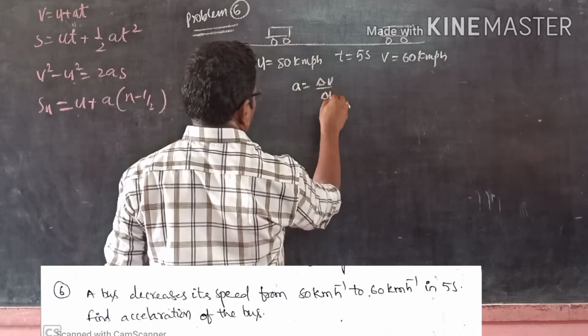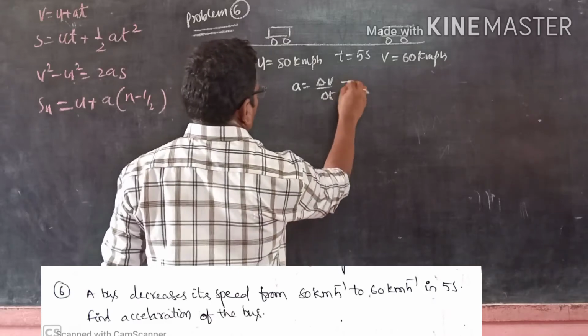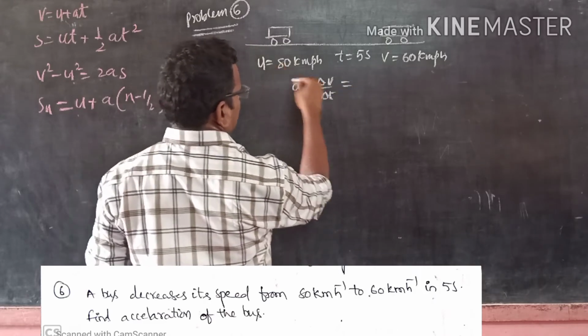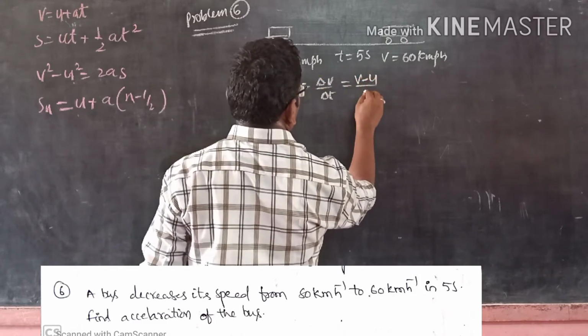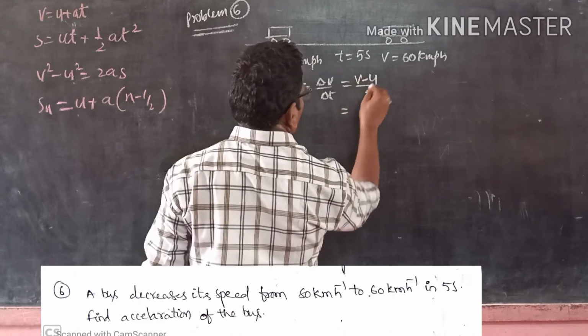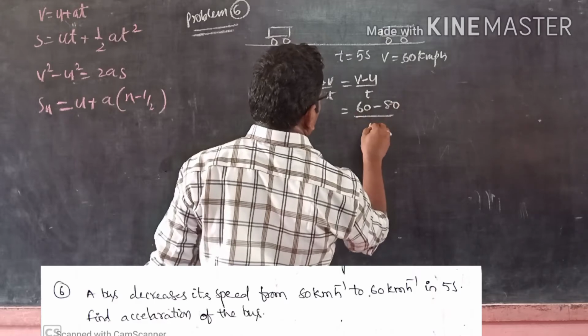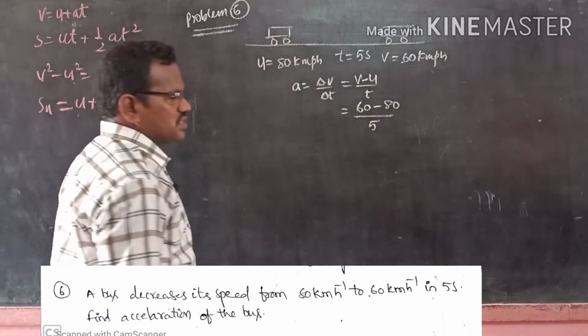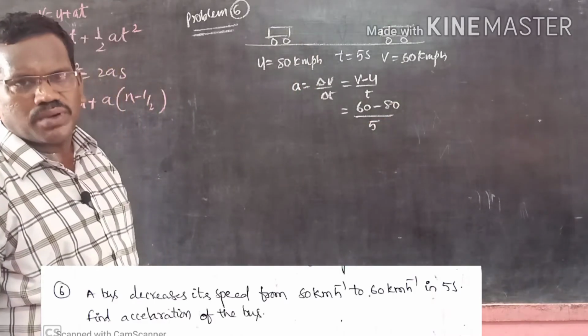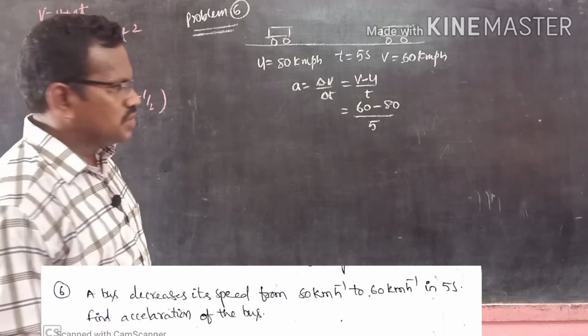Acceleration is equal to delta V by delta t. Now here, what is delta V? V minus U by t. What is V? Final velocity, 60 minus 80 by 5. This is a wrong problem, wrong method. Why?